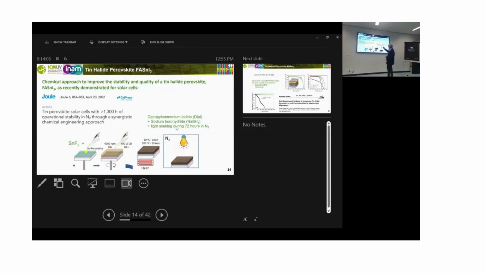We also add some other additives in order to refresh the iodide concentration on the surface, or the iodine chemistry on the surface, in order to gain also in stability. Finally, other than the chemical additives, the whole thin film is improved by light soaking in nitrogen during several days.